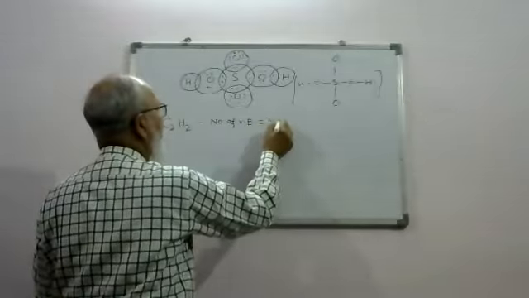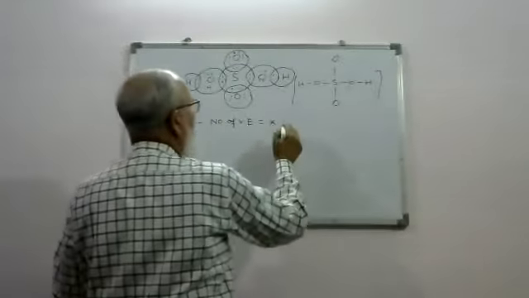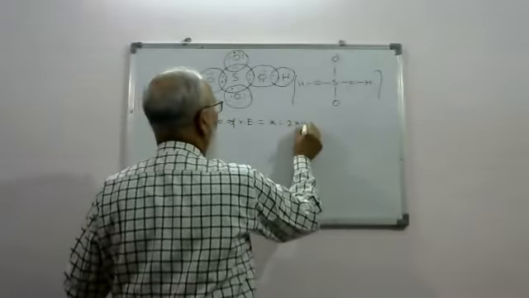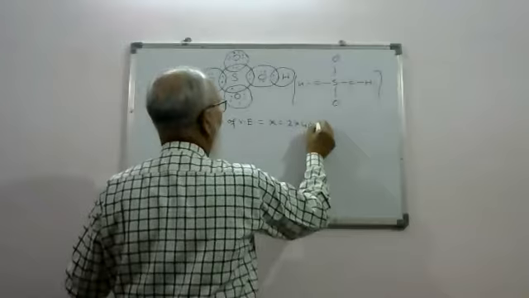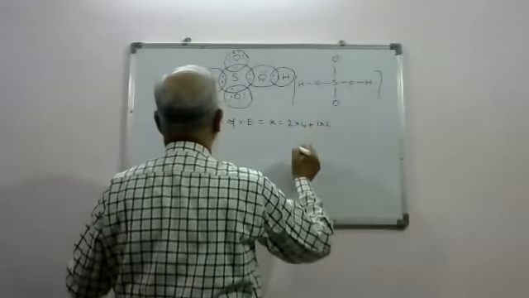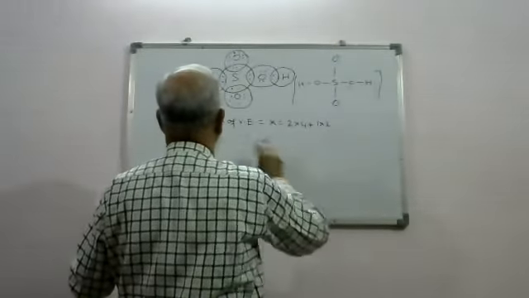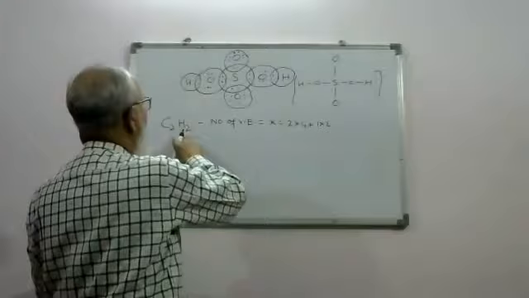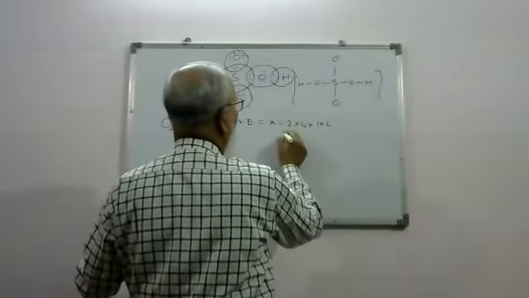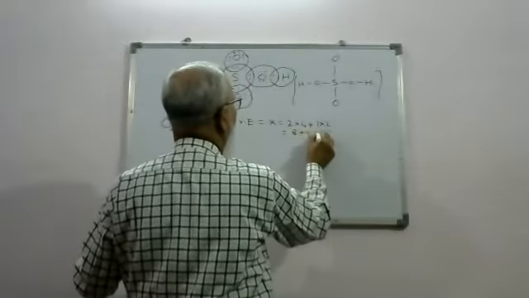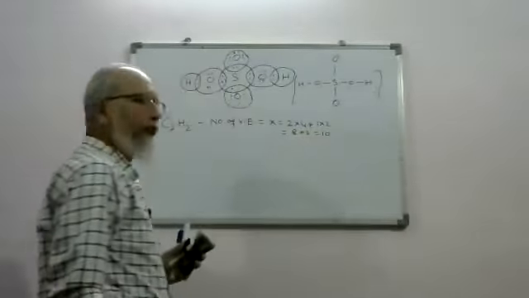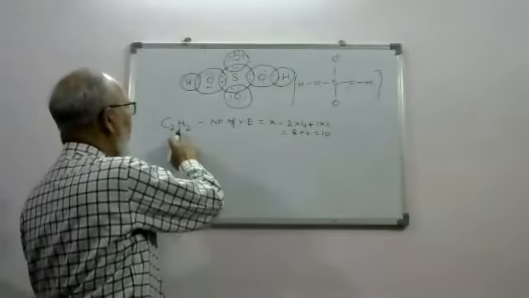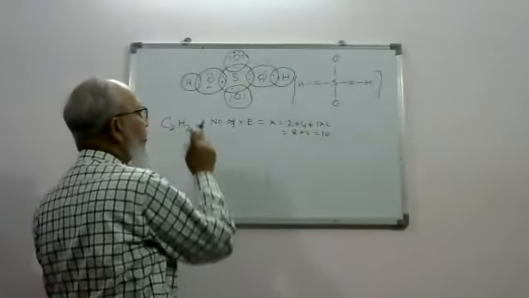This X is equal to 2 into 4 plus 1 into 2. This is equal to 8 plus 2, which is 10. 1 valence electron for hydrogen atom, 2 hydrogen atoms are there.